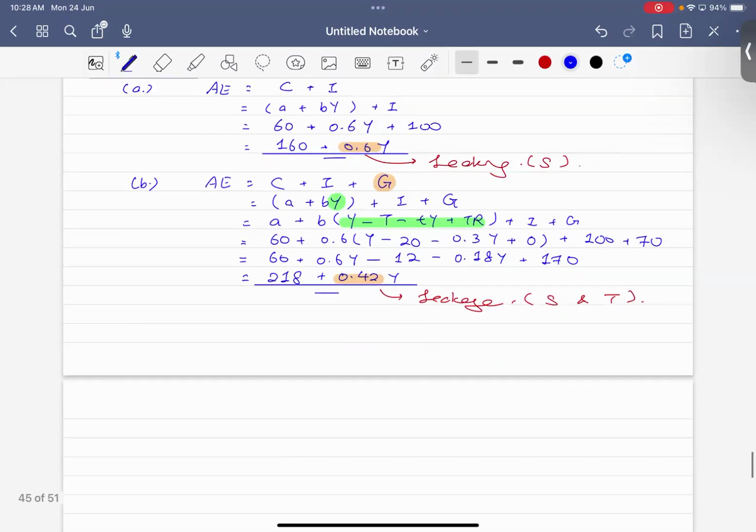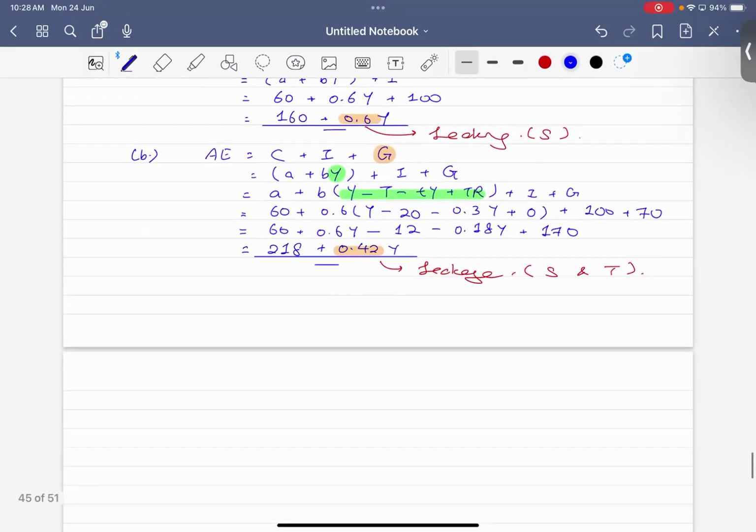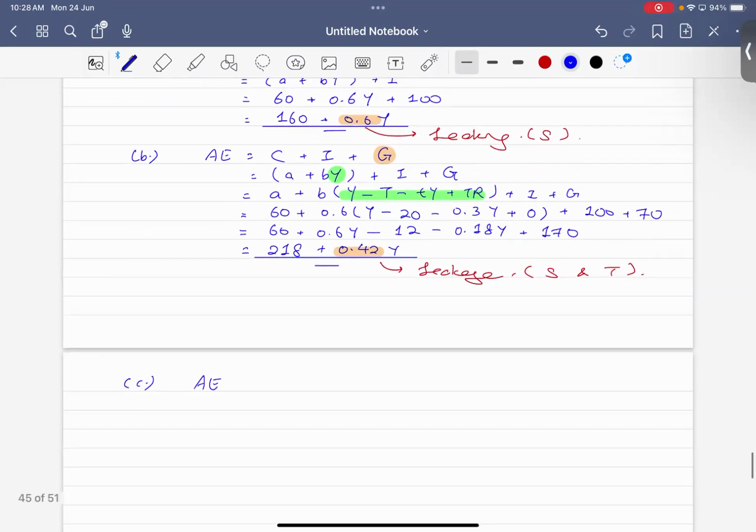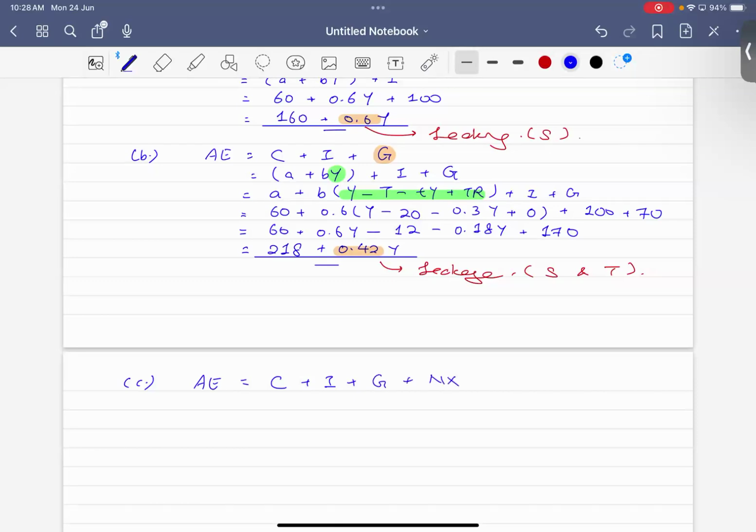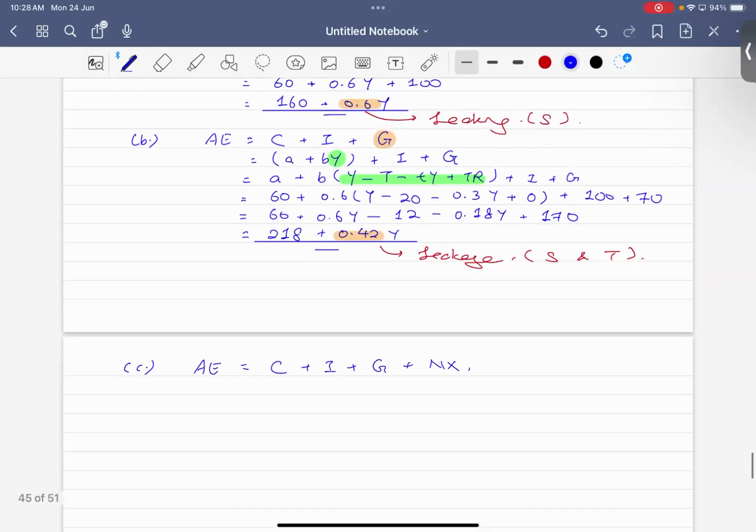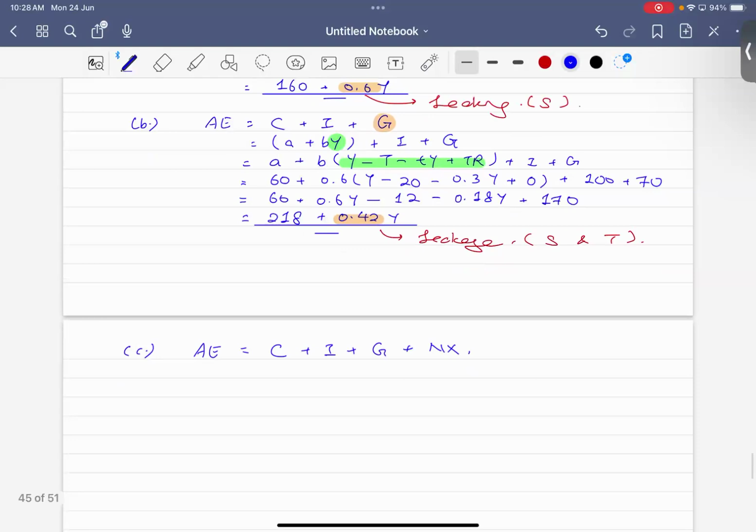Okay, question C. Now question C is the fourth sector. That means with government spending and international trade. So your formula will be C plus I plus G plus NX. You have exports and imports. So how is the formula going to be?